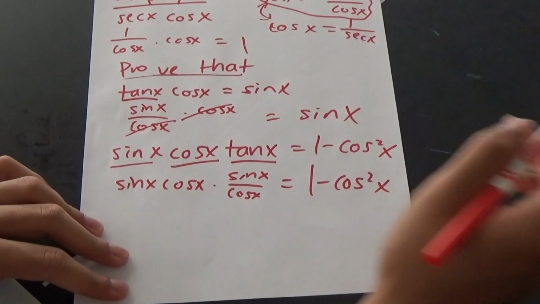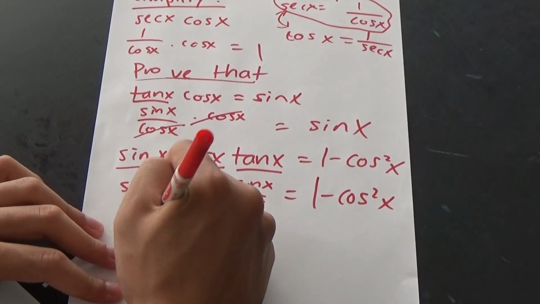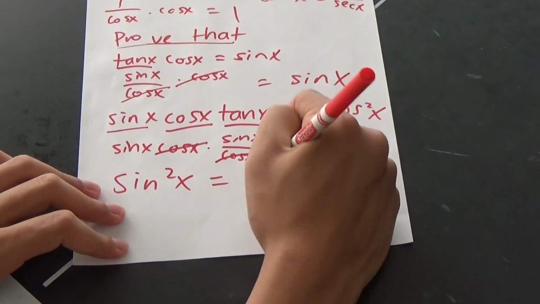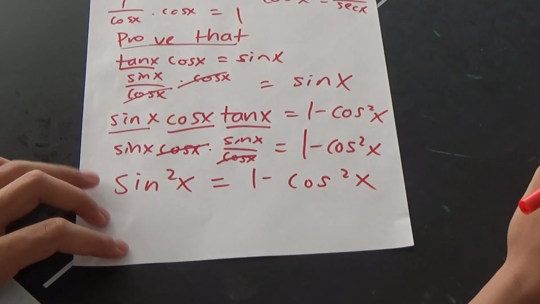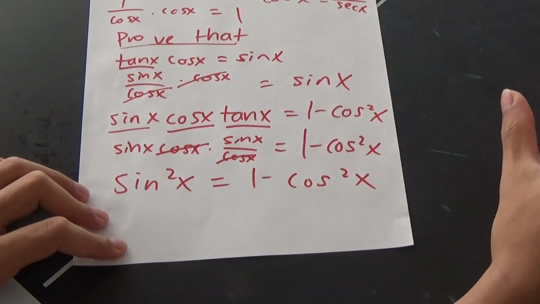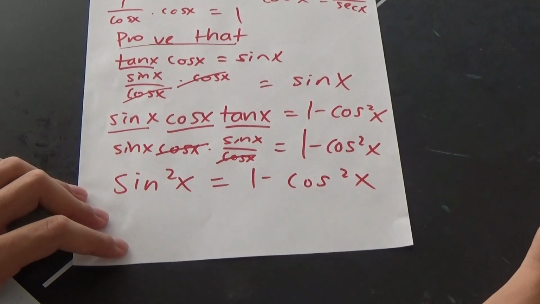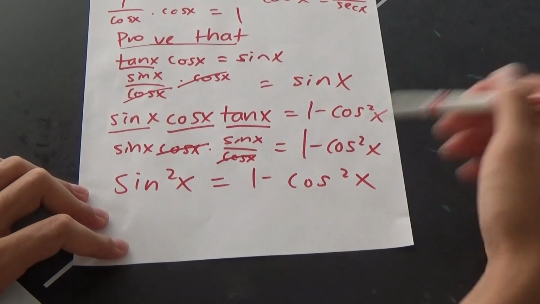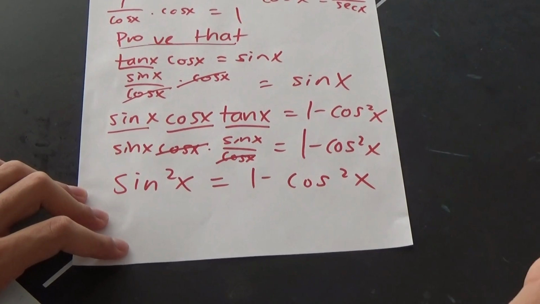There you have it. And what you want to do now is, of course, cross out. And you have sine squared x equals 1 minus cosine squared x. And if you didn't realize, we can rearrange Pythagorean identities. You'd be like, wait, what? Can't go from a sine squared to a cosine squared just like that.